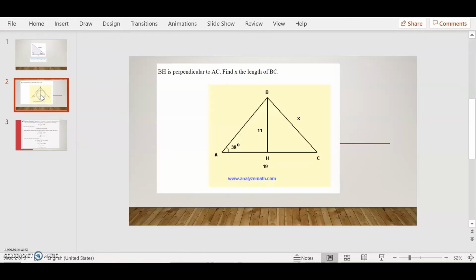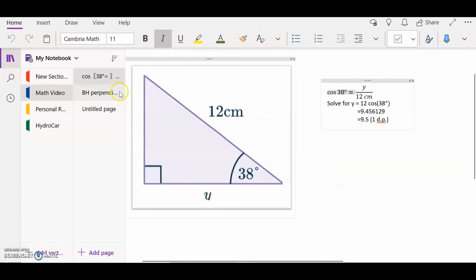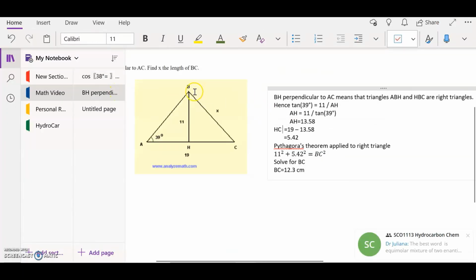So we proceed to the next question. BH is perpendicular to AC. Find the length x of BC. As we look here, if BH is perpendicular to AC, then it means that ABH and HBC are right triangles. Firstly we look for AH.